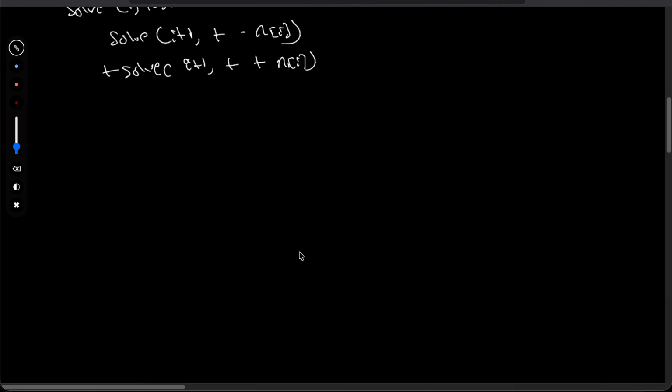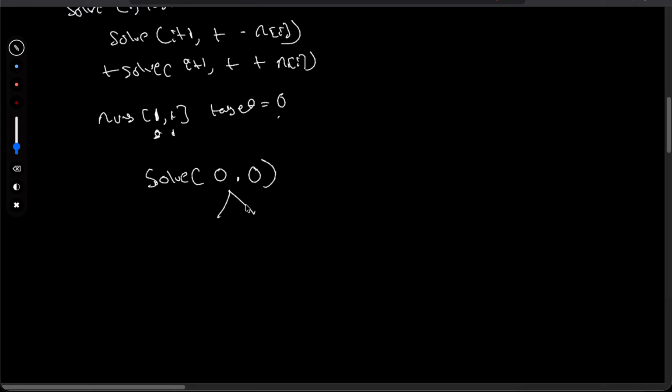If we have a nums array like this, 1, and target is 0, with index 0, 1. So see, solve of 0 is this index, and target is 0.